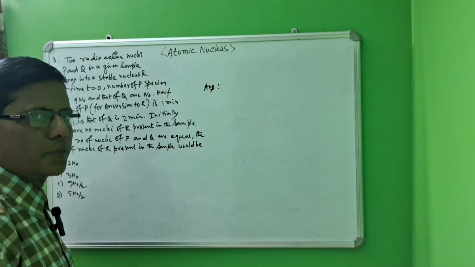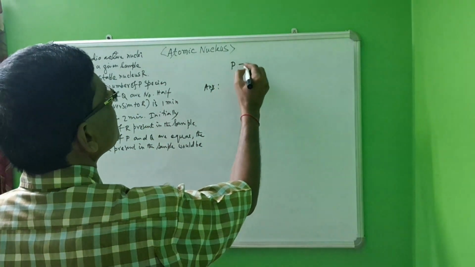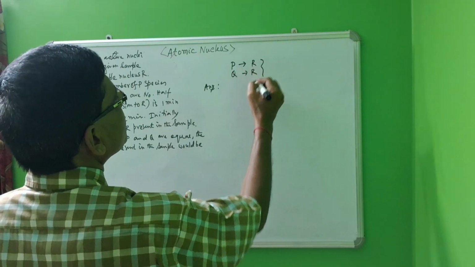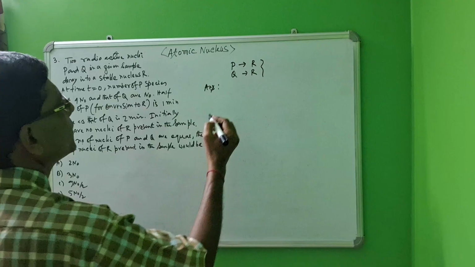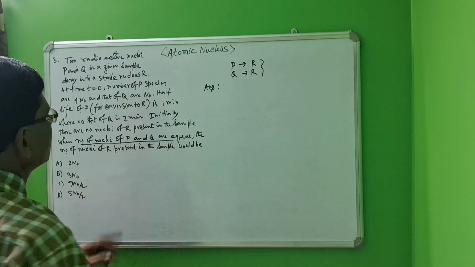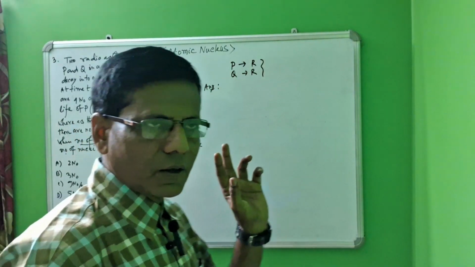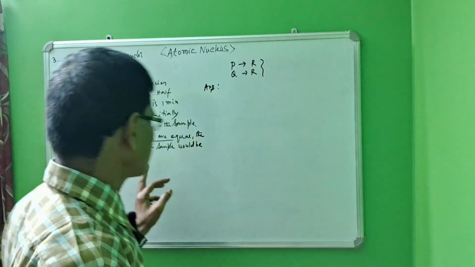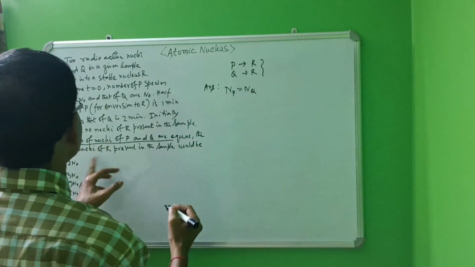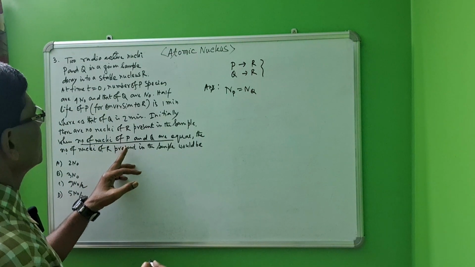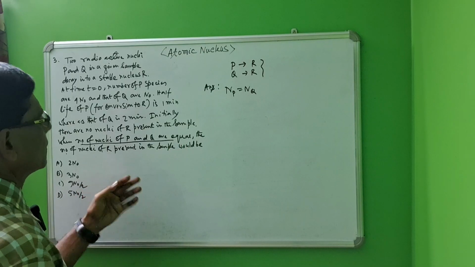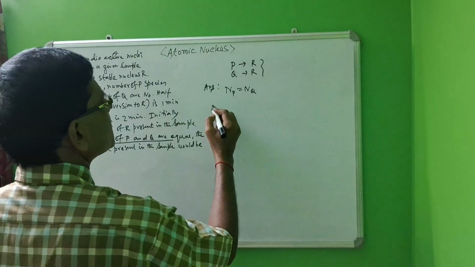Here, what is the problem? P converts into R, and Q converts into R. First take the last line: NP equals NQ is given. The number of P species and the number of Q species are equal. So what is NP?